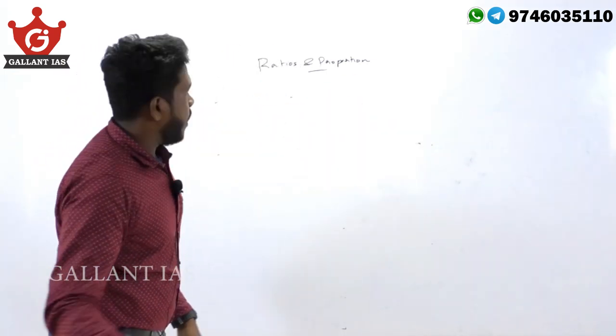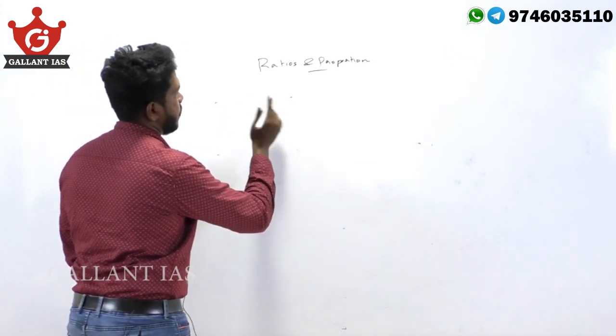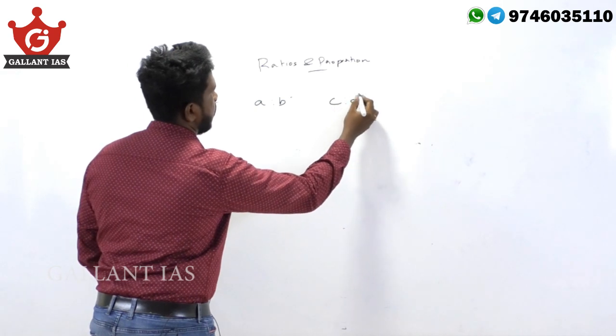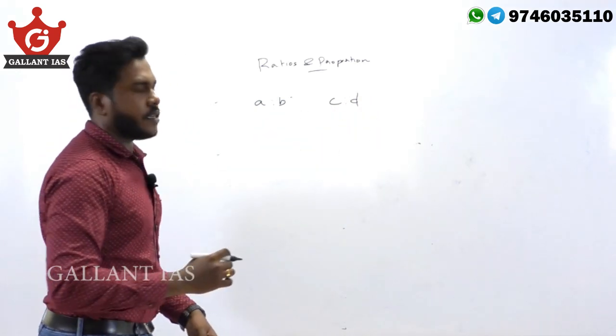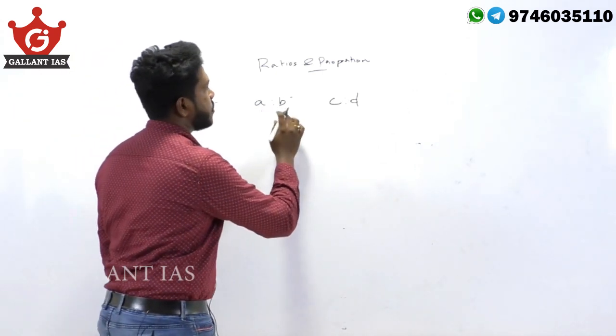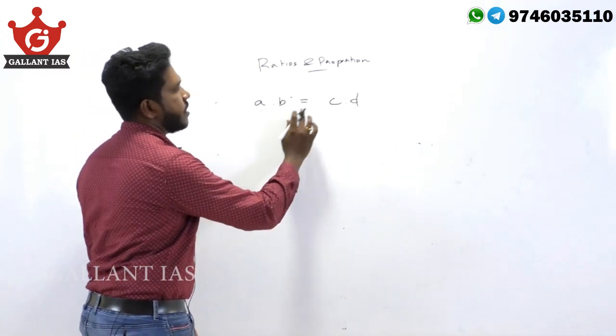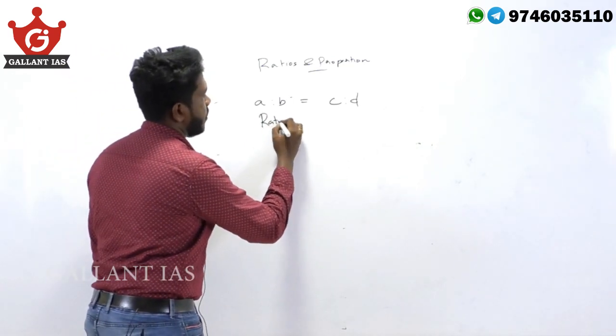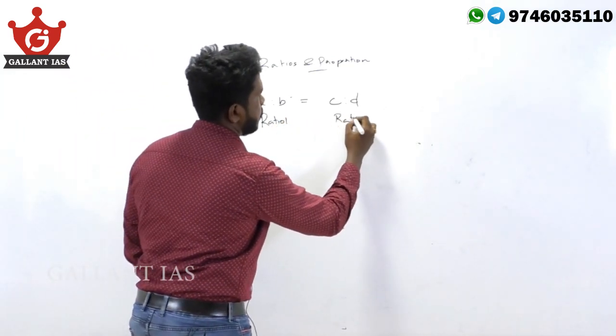Now I'm giving two sets of ratios, that is a is to b and c is to d. In this set, I am telling that the ratio a is to b is equal to the ratio c is to d. Let it be ratio 1 and ratio 2.